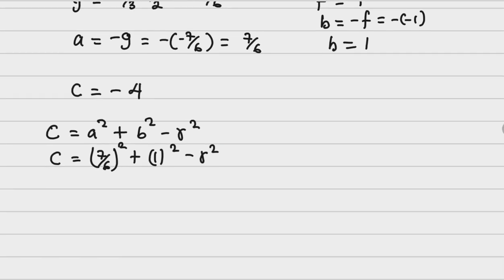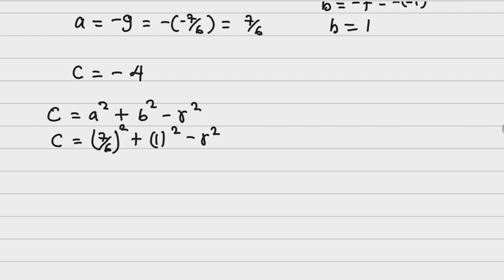Okay, and c is minus 4. So I can take this and write minus 4 as c. Now when I put them side by side, I have my r squared is now going to be equal to 7 over 6 all squared plus 1 squared, then plus 4. This is what I am going to have.